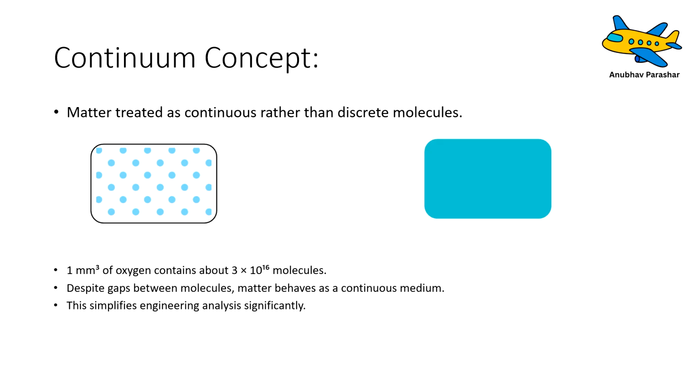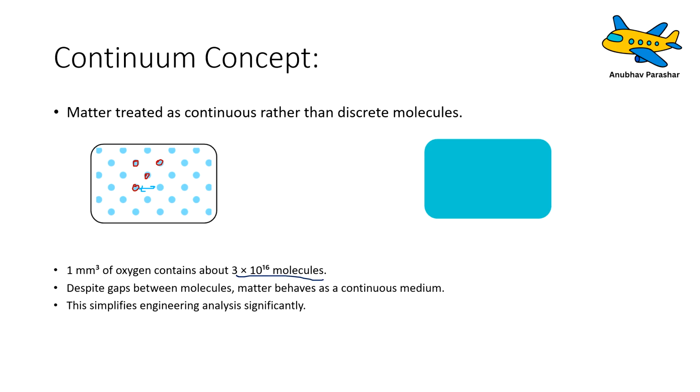Now, to understand this concept of macroscopic once again, let me try to explain what the continuum concept is. In the continuum concept, the matter is treated as continuous rather than discrete particles or molecules. So in the first example, you can see these are different molecules. We don't study the individual molecules because even if you study them, you can see there are gaps between them. Let me say this is a tank which contains 1 mm of oxygen.